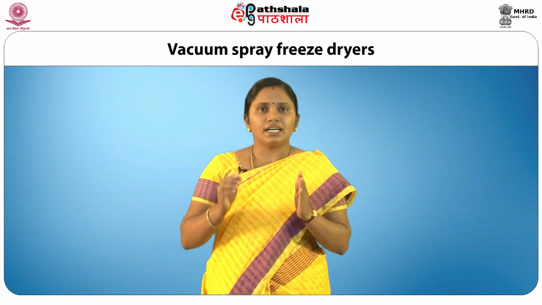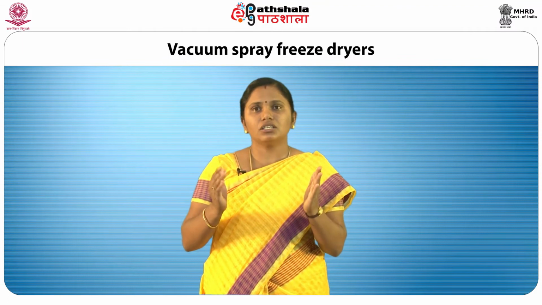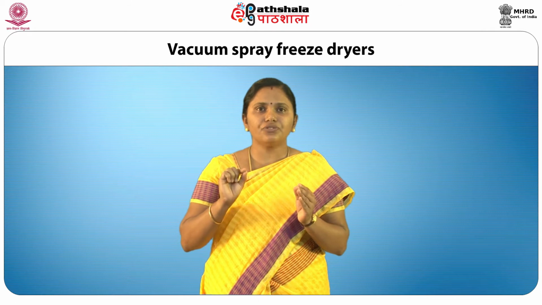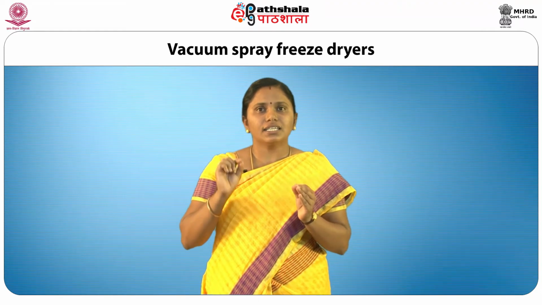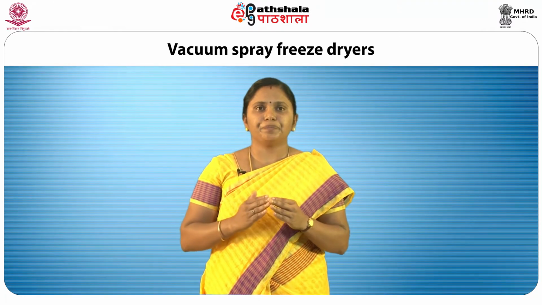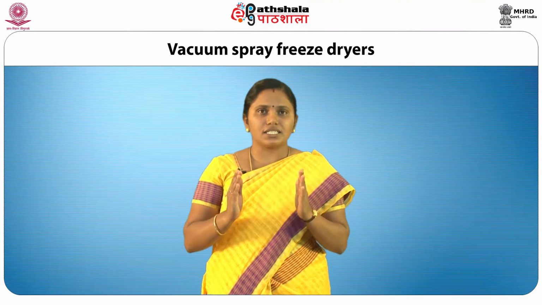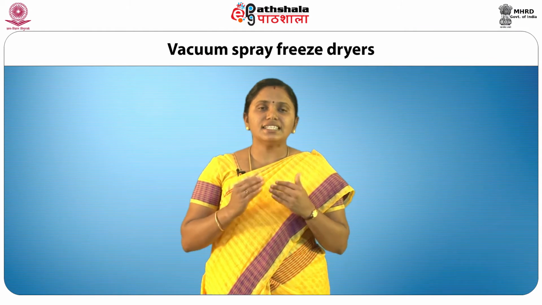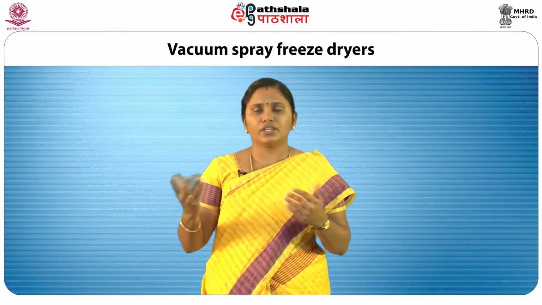The droplets freeze in the vacuum cabinet into very small sized particles, around 150 micrometers, and are collected at the bottom of the dryer. Sticking of food particles is totally avoided in this method of drying, and considerable flavor loss occurs during this process.